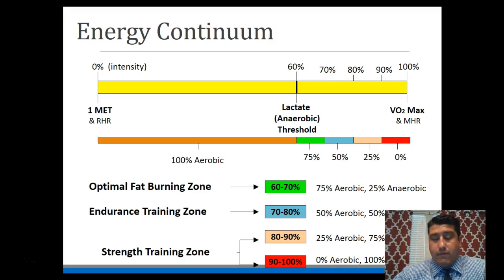Okay, so again, if you go on a dead sprint and you're in this red zone immediately from the get-go, it's 0% aerobic or very close to being totally anaerobic, which means you can't last more than 8 to 12 seconds. Okay, and that's just the way it is. Now the benefit of exercising in this zone for regular periods of time is that you develop your strength in that zone.